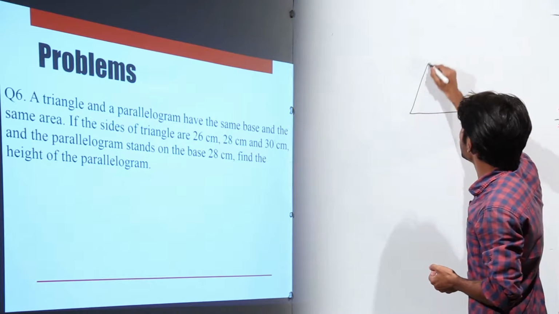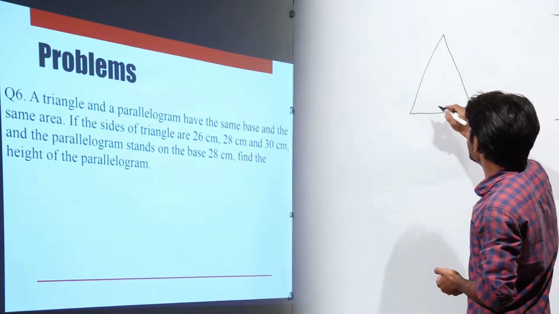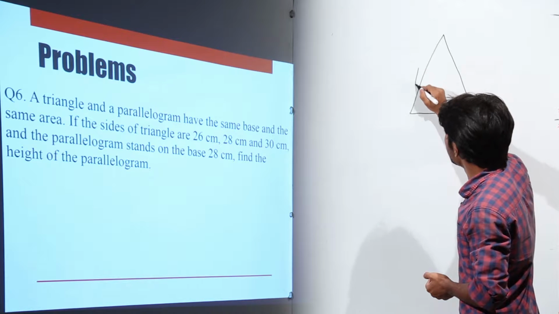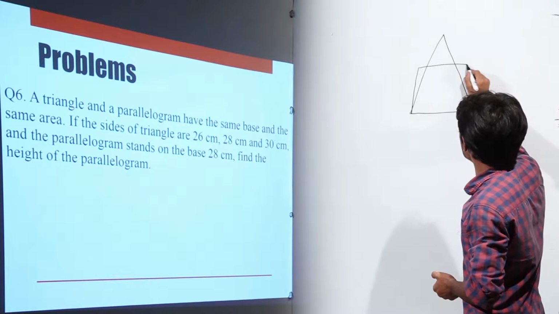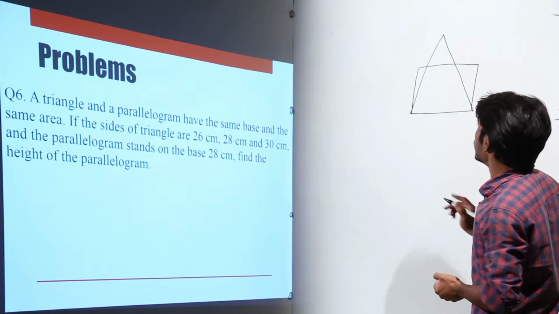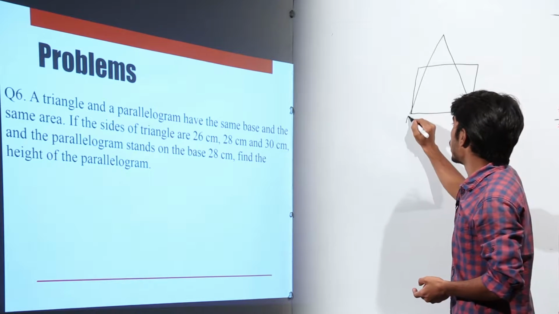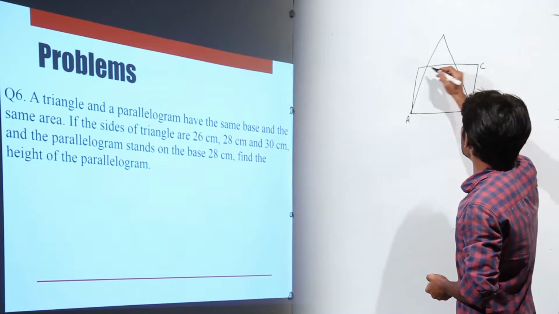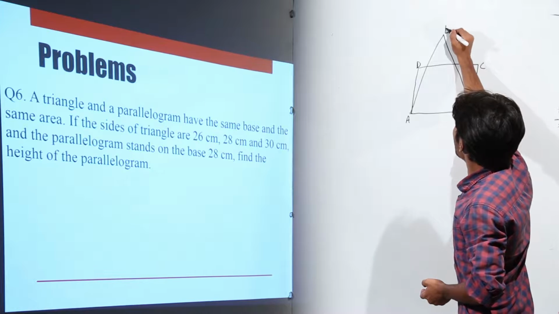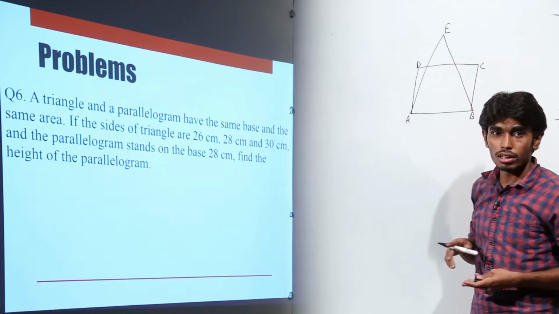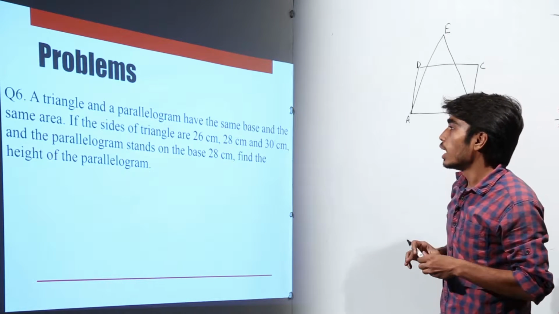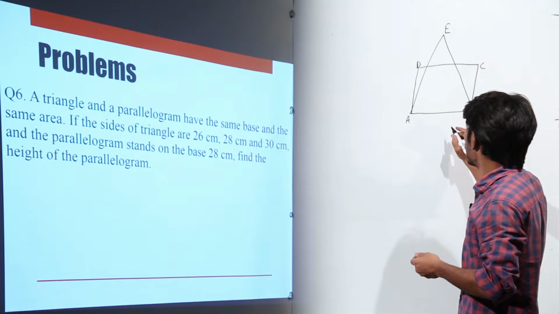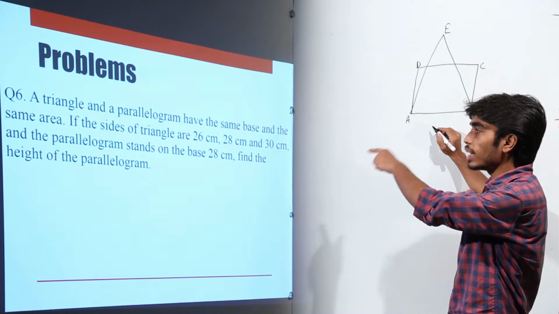So let's say this is a triangle and this is a parallelogram. The parallelogram is ABCD, and the triangle is AEB. They both have the same area, and the sides of the triangle are given as 26, 28 and 30.